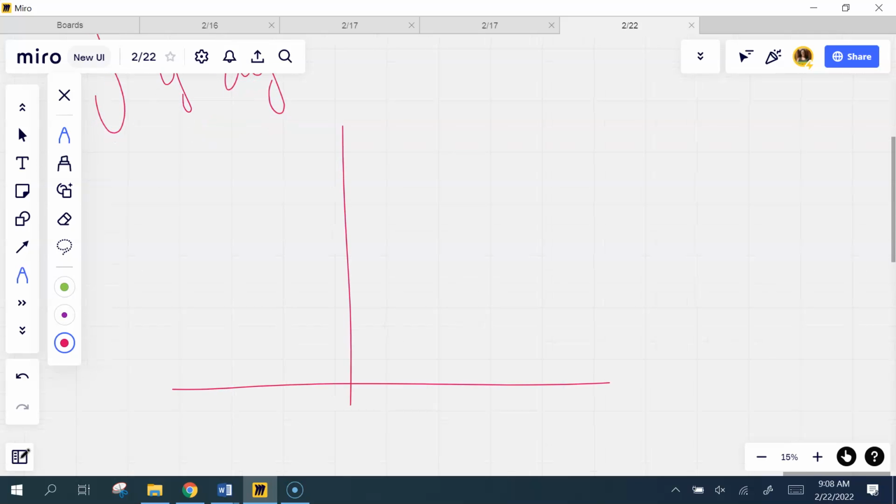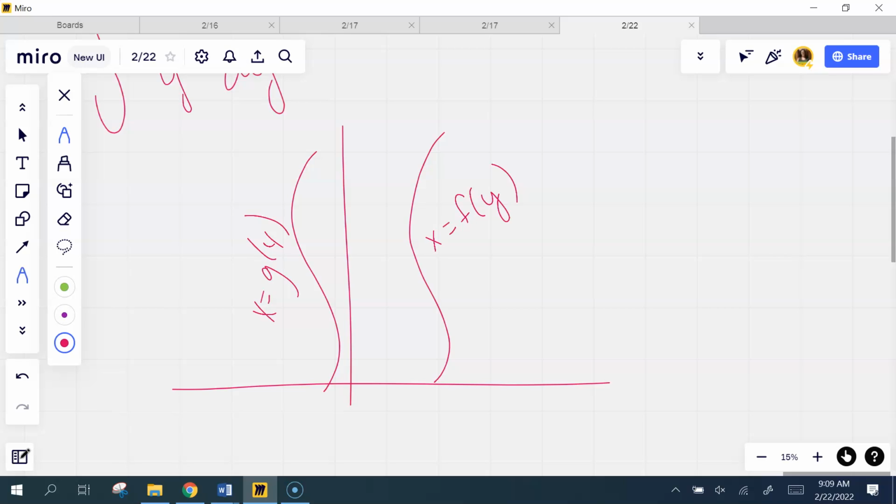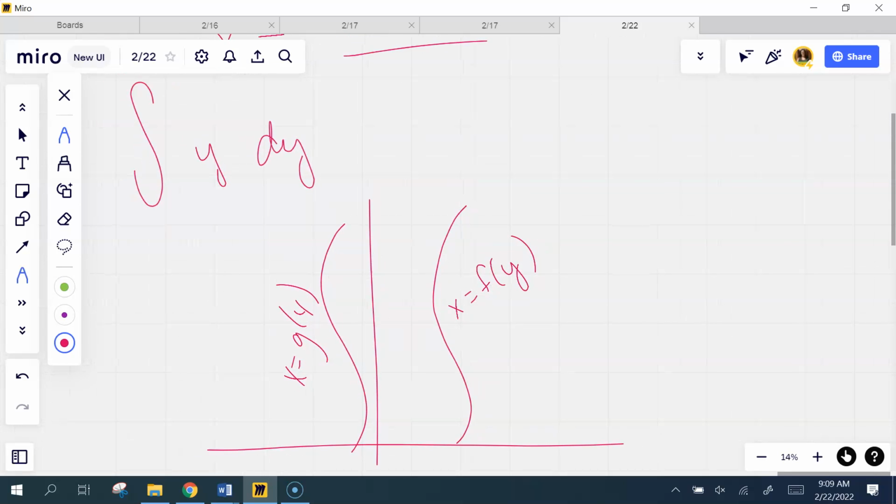If I have something that looks like this, and this is x equals g of y, and this is x equals f of y. If I want to find the area between these two, now remember, if I'm doing it with respect to y, that means my bounds here are y values.